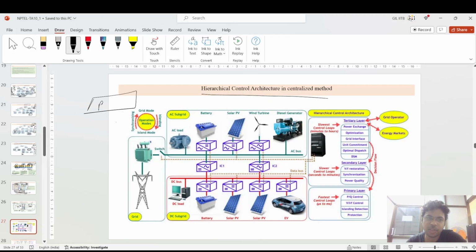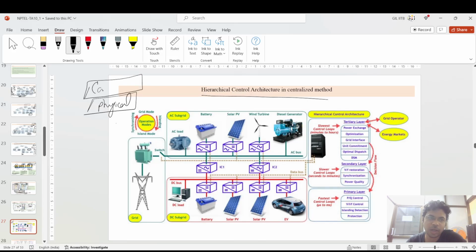And coming to this hierarchical control, what I have told you is that there are two layers. One is the physical layer and the second layer is the communication layer. The communication layer is above this physical layer, so that proper control and proper communication can happen between both the systems.